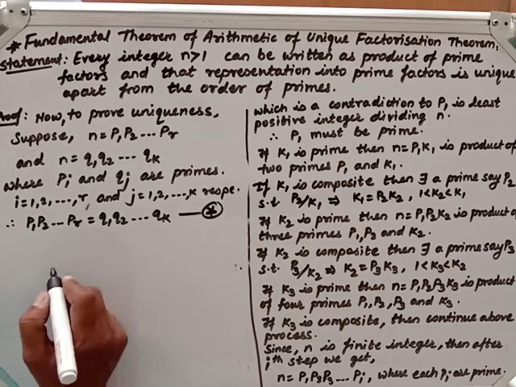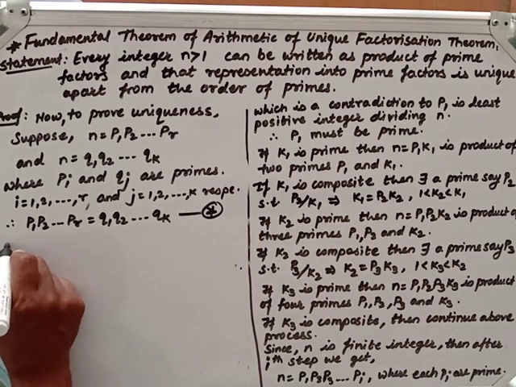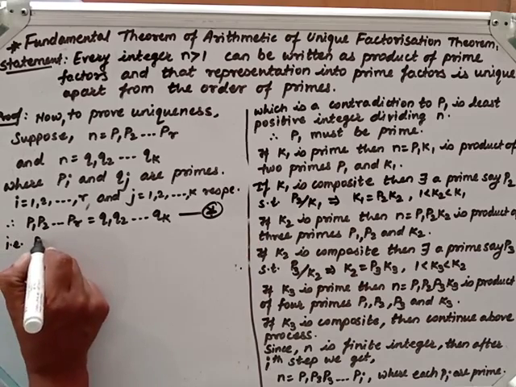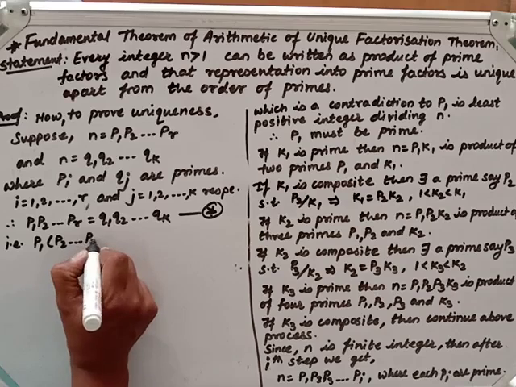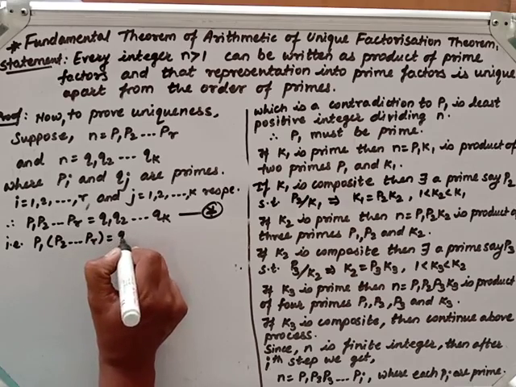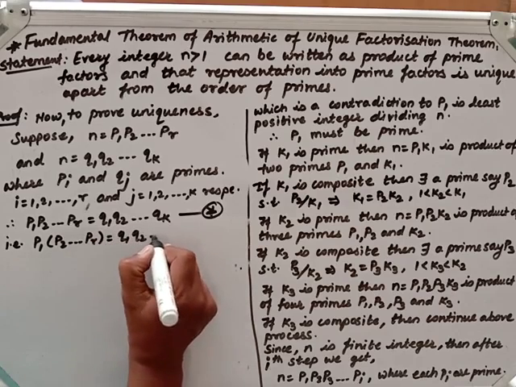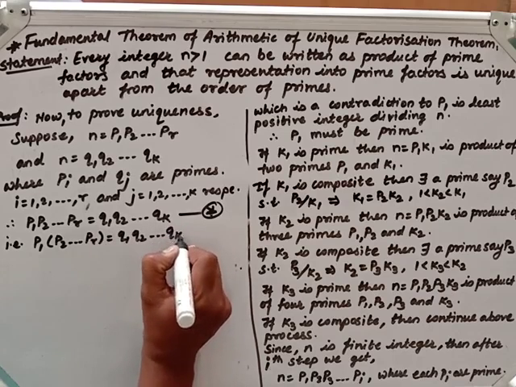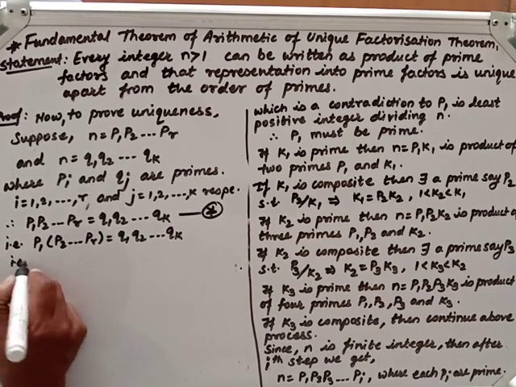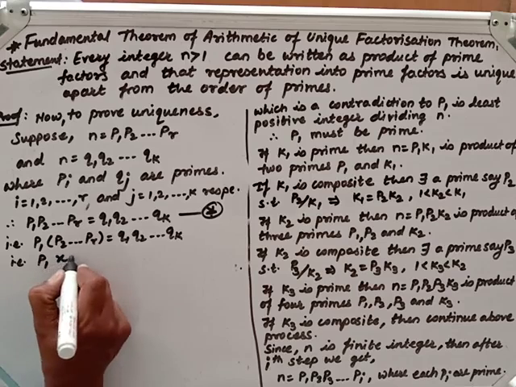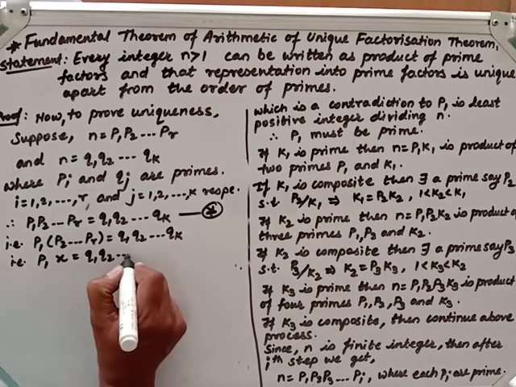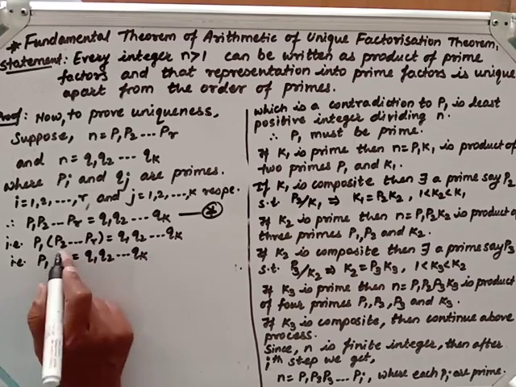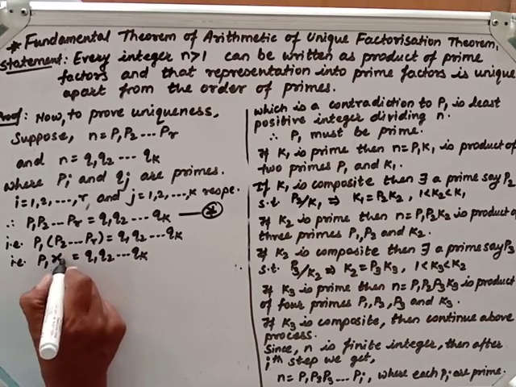I can say it as p1 into p2 and so on up to pr is equal to q1, q2 and so on up to qk. That is p1 into x equal to q1, q2 and so on up to qk.